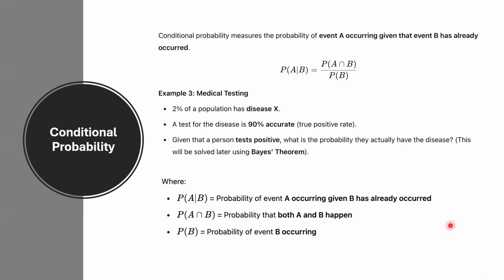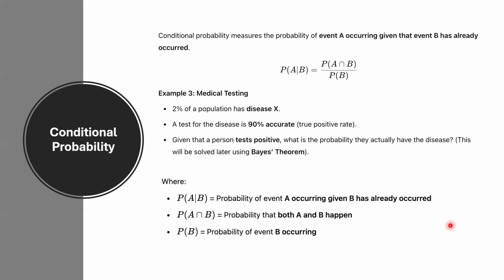Okay, cool. Let's move to the next concept, that is the conditional probability. So conditional probability measures the probability of event A. Try to understand it, right? And listen carefully. Conditional probability measures the probability of event A occurring given that event B has already occurred, right? We talked about a similar thing when we were trying to solve the example earlier.